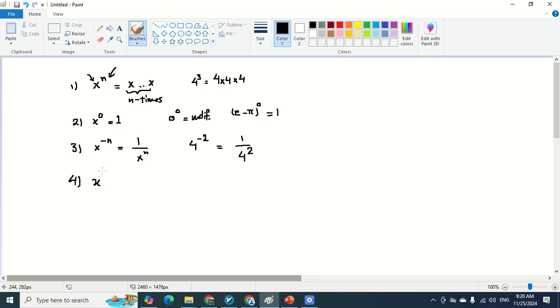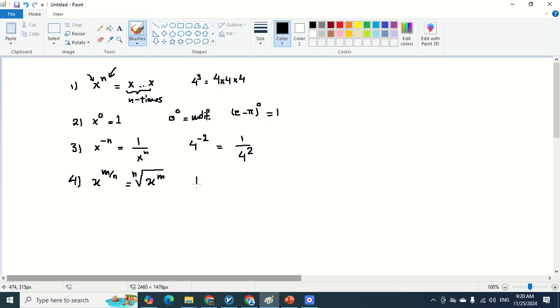When we have x to the power of m over n, a rational number as an exponent, then to evaluate that expression you keep the numerator m as the power of x, and the denominator n becomes the root of that expression. So we have x to the power of m under the n-th root.